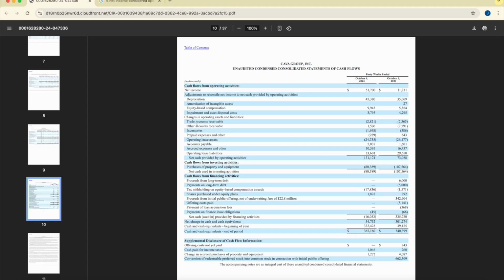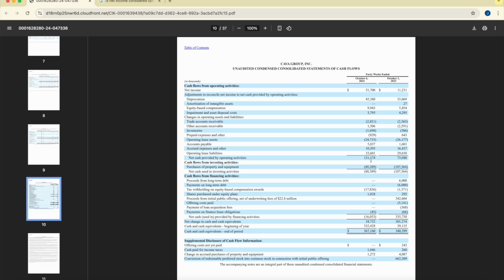After that, we have a bunch of other operating activities, and at the end, we get the total from the net cash provided by the operating activities, which is $131,174. This number is actually 131 million because all the numbers in the statements are per thousand.